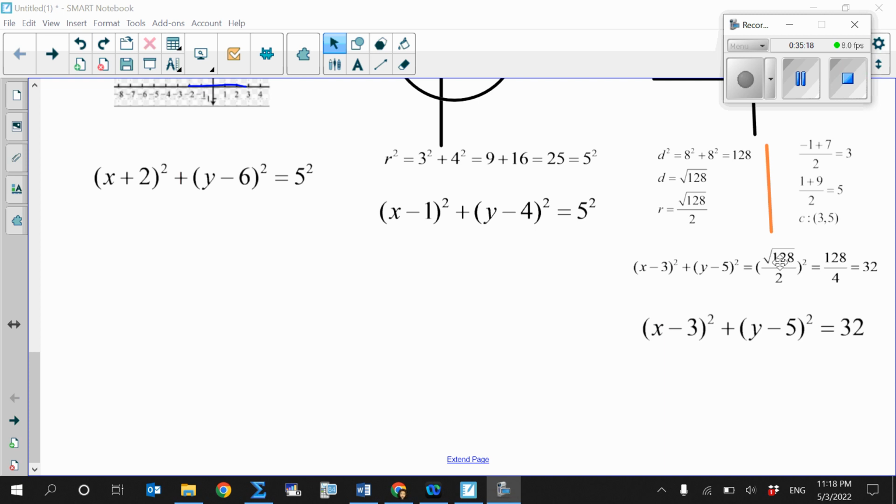So it's r squared. Now we're going to simplify that. Square root of 128 to the power of 2 is 128, and 2 to the power of 2 is 4. 128 divided by 4 is 32. So this is the equation. X minus 3 squared plus y minus 5 squared equal to 32.